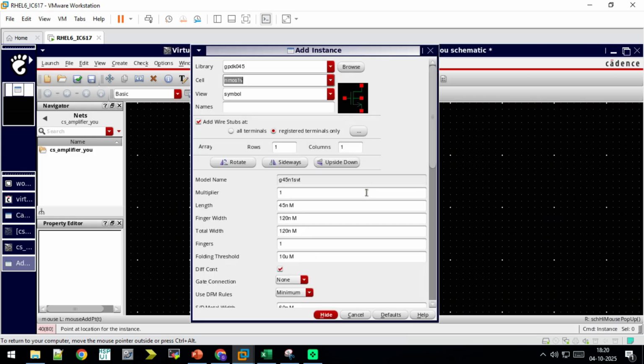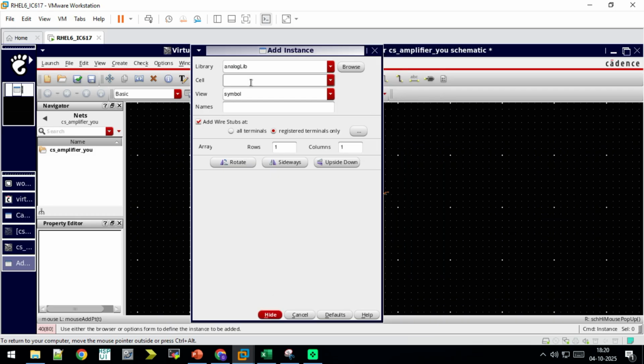So let me connect my input. The input I will be taking from the analog library, VDC.